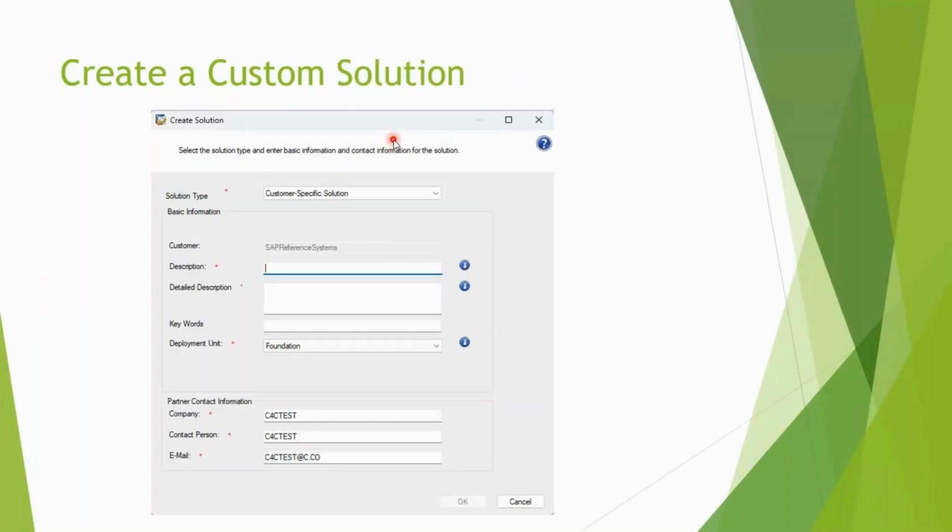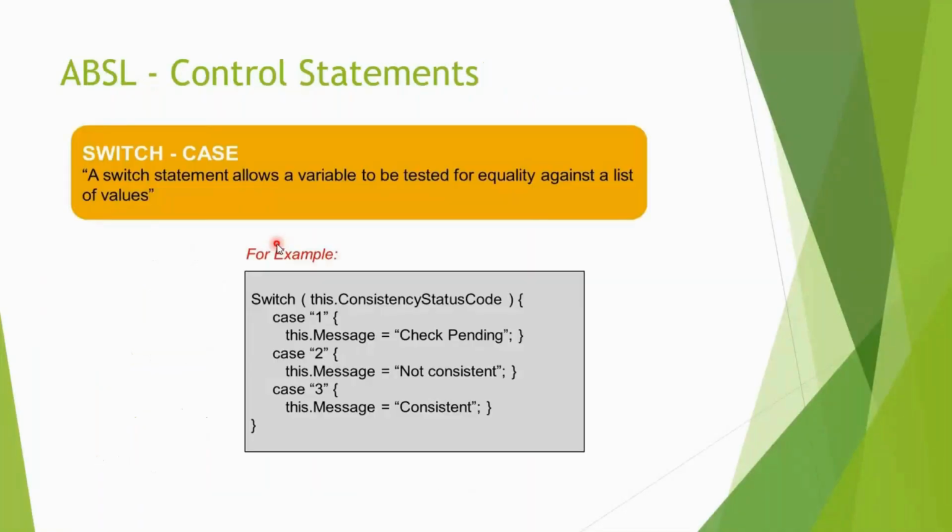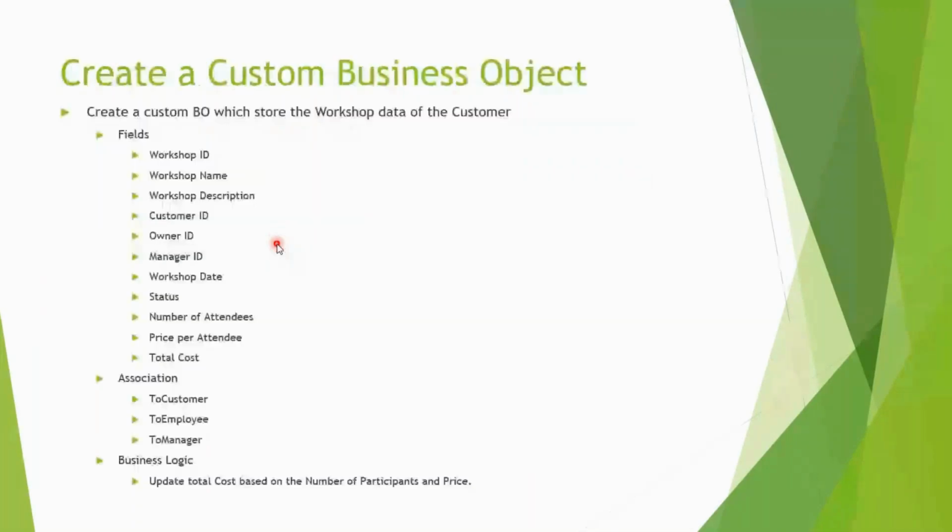We can create a custom view in the backend, which is nothing but workshop data for a customer with all these fields, and then the association and the business logic. From then we can start with the hands-on sessions. Any queries till now? I will take up the built-in functions later, because first we'll create one solution and a small use case, then it will be understandable.